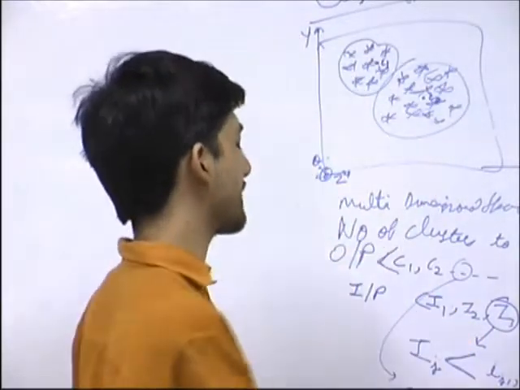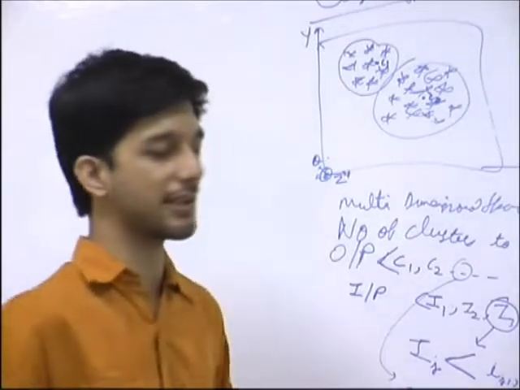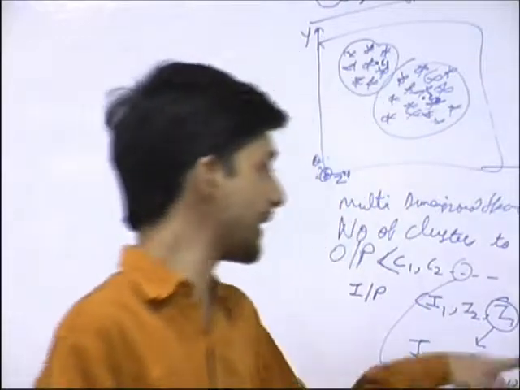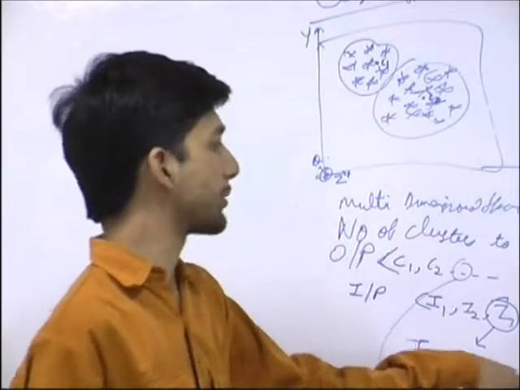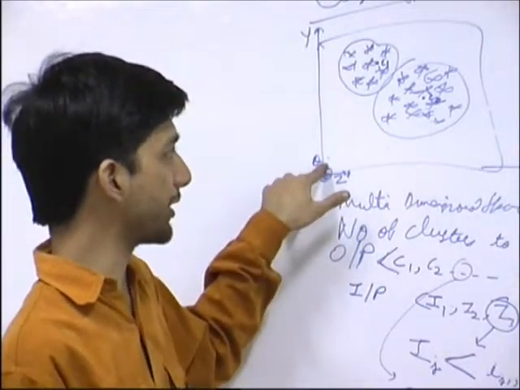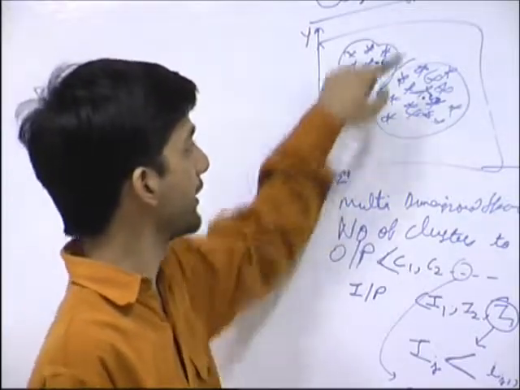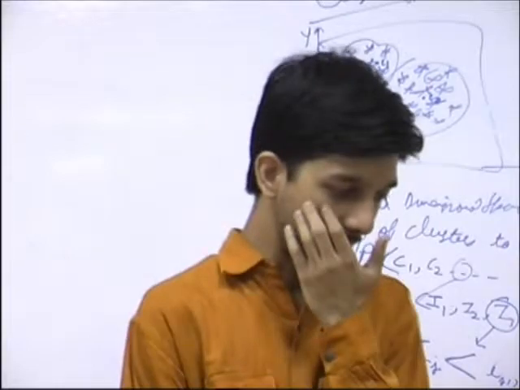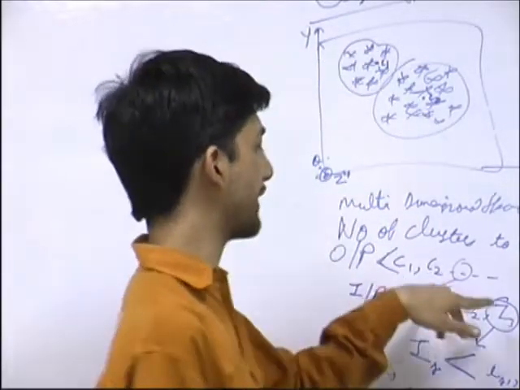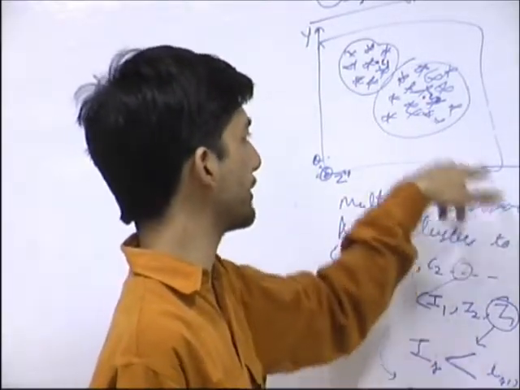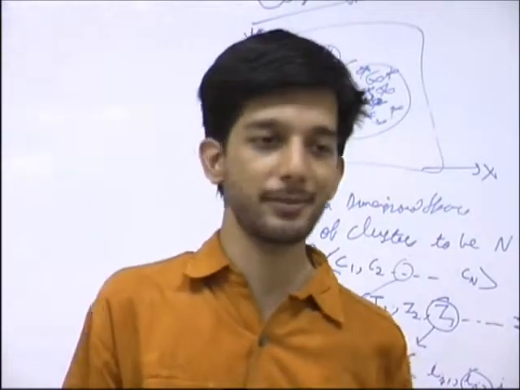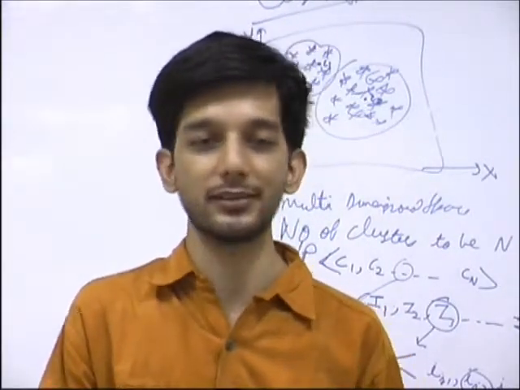I will only be considering that there are some real numbers, either discrete or continuous in nature, so that this graph can be plotted. Once this graph can be plotted, I am asked to find out these cluster centers. Any clustering algorithm will take this set of data as the input and try to produce the cluster centers as output, the cluster centers always being fewer than the amount of data.